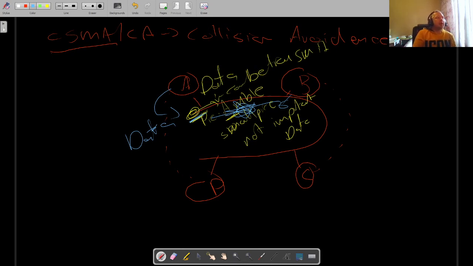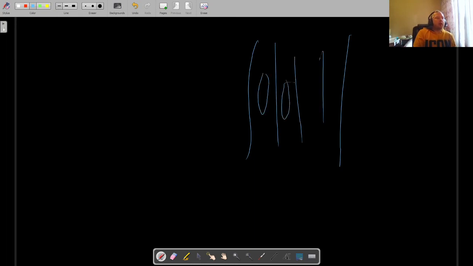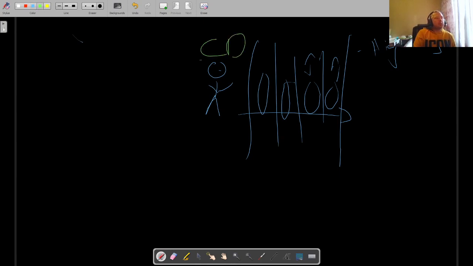Another way you can think of the difference between these two, let's say you have a highway with cars driving on the highway. Okay, so I know it's not a very pretty highway, but imagine this is a highway. You need to get from this side to the other side. With collision detection, the CD part, you will just start walking.